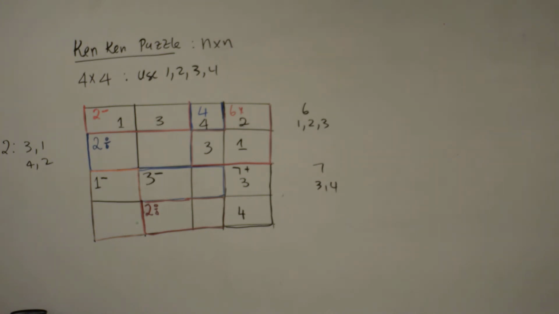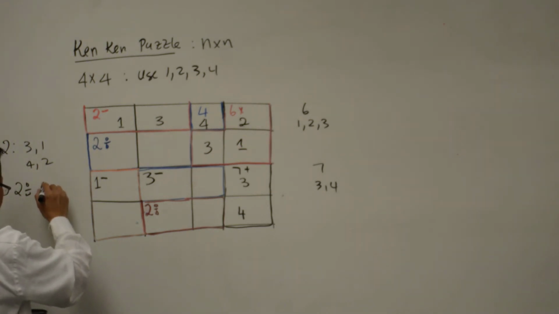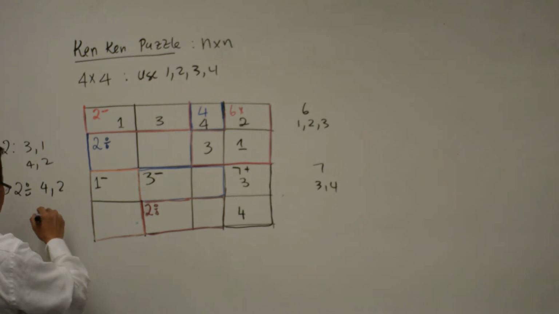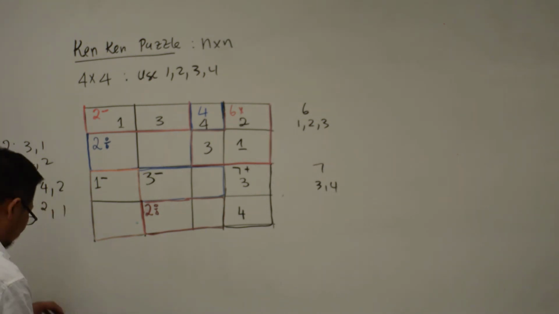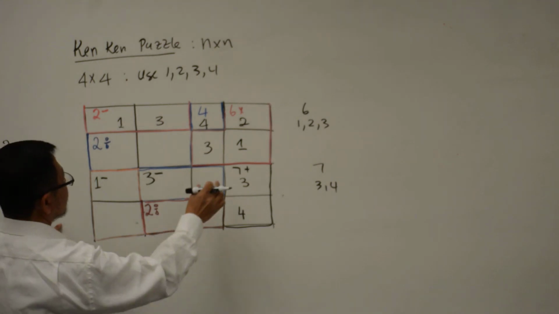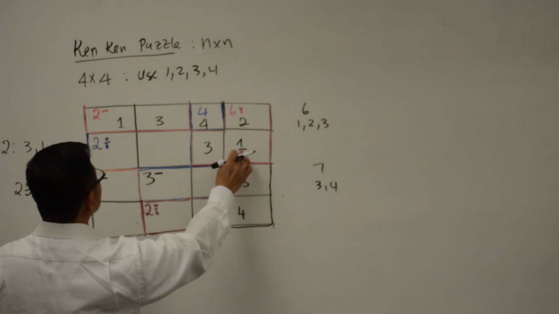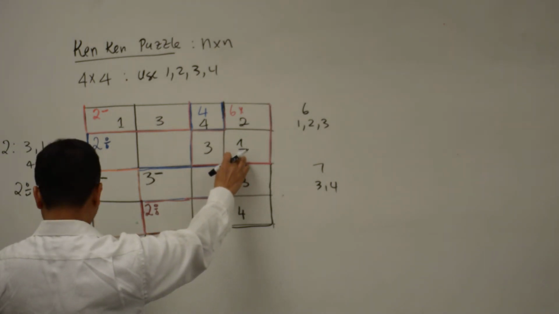Now, for 2 divide. For 2, you can use 2, 4, or 4, 2, or you can use 2, 1. But I cannot use 2, 1 here because 1 is already in this column.